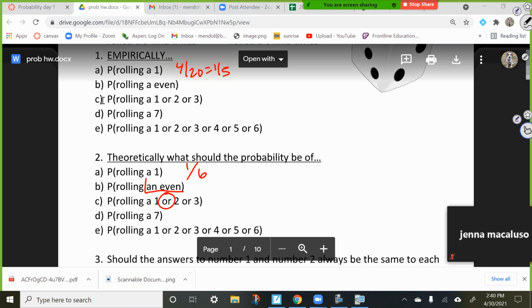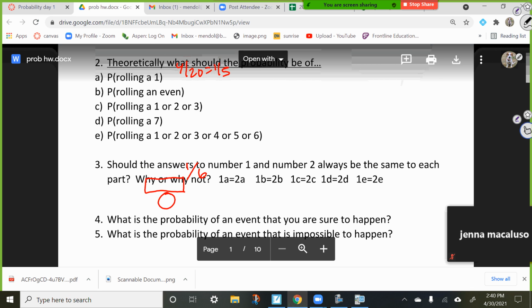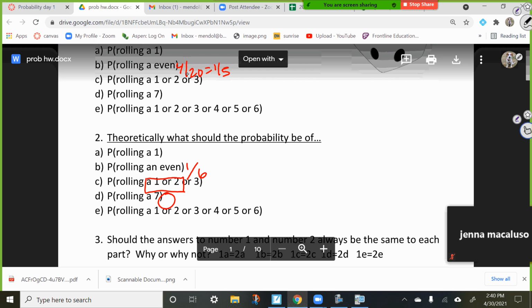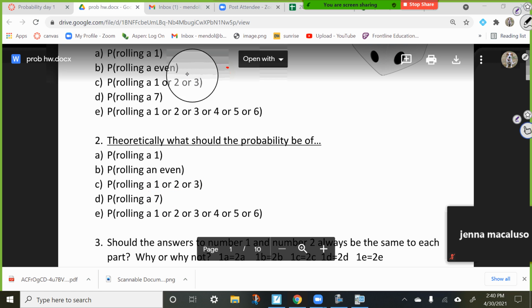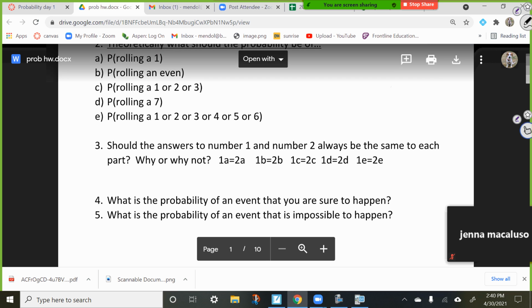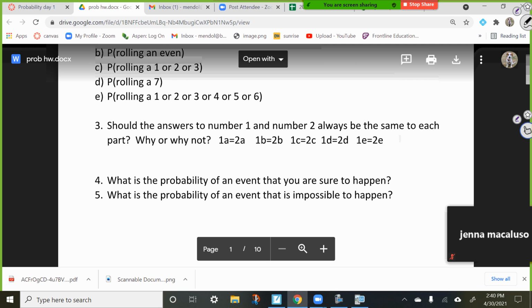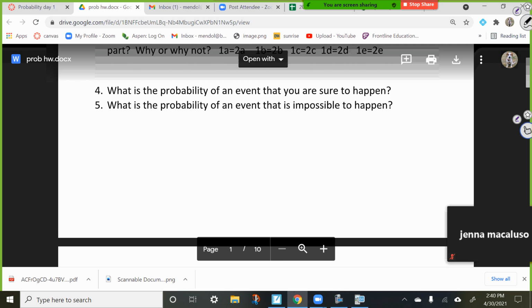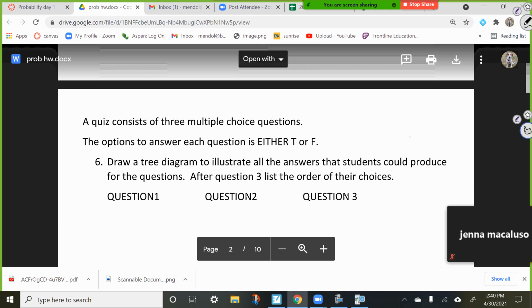You've got a different event happening, right? I tried to give you an empirical and theoretical one, and then I'm asking you, should those answers be the same? I want you to think about that. Maybe some of them will be the same. That's your sure and your impossible, number 4 and 5.